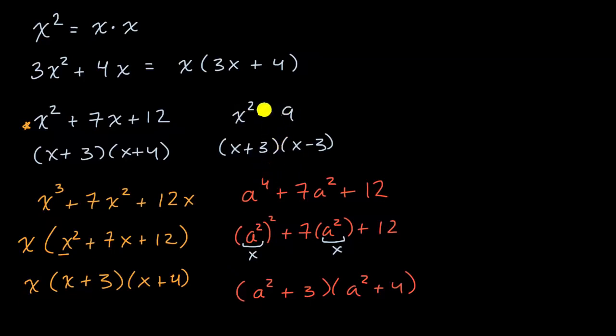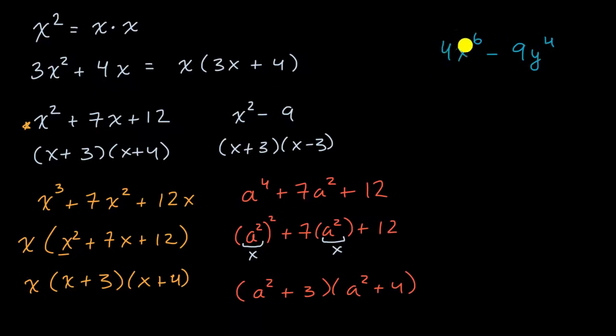So building off of the structure here, if someone were to walk up to you, again, a lot of people are walking up to you, and say, factor 4x to the 6th minus 9y to the 4th. Well, at first this looks quite intimidating until you realize that I could write both of these as squares.